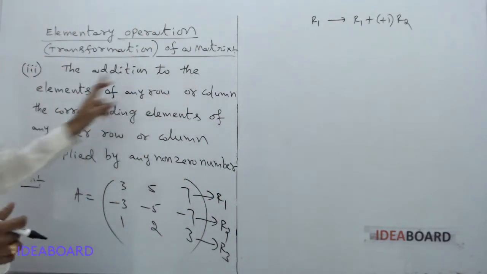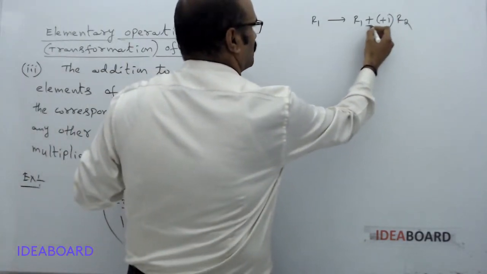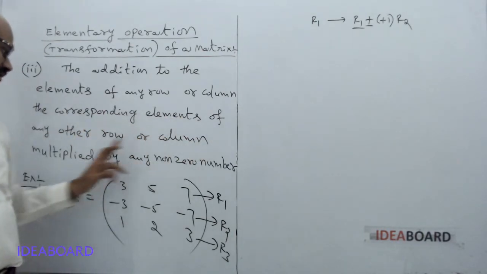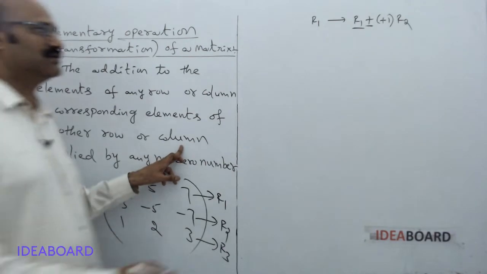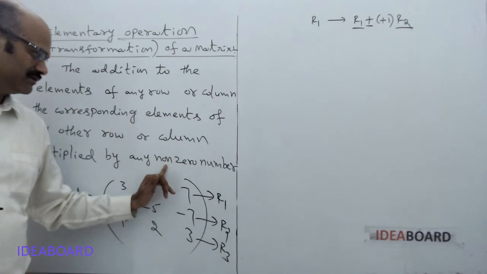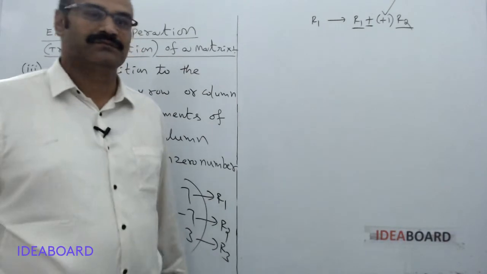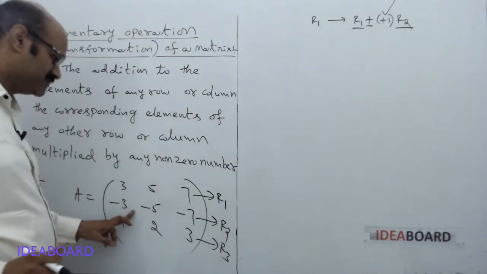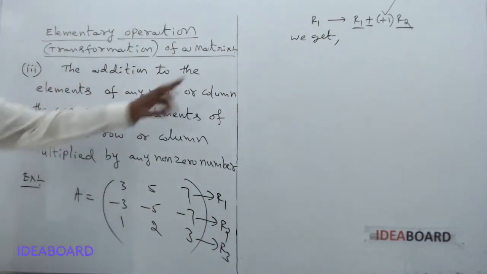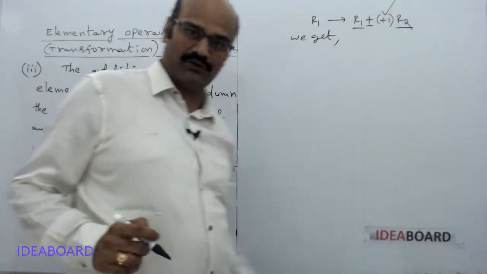The addition to the elements of any row, the corresponding elements of any other row or column, that is R2, multiplied by any non-zero scalar. Here the non-zero scalar is plus 1. So R1 implies R1 plus 1 into R2.